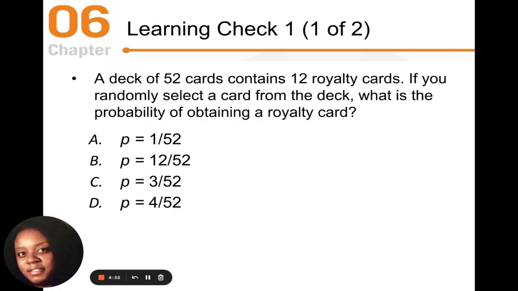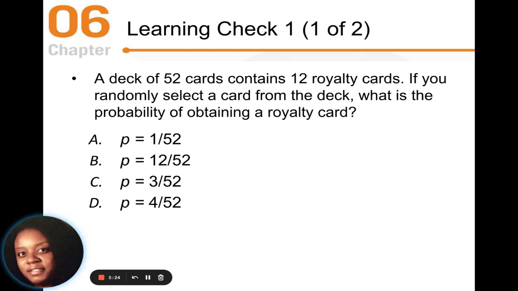So here's our first learning check. A deck of 52 cards contains 12 royalty cards. If you randomly select a card from the deck, what is the probability of obtaining a royalty card? So we know that our total number of cards is 52, so that bottom number has to be 52.